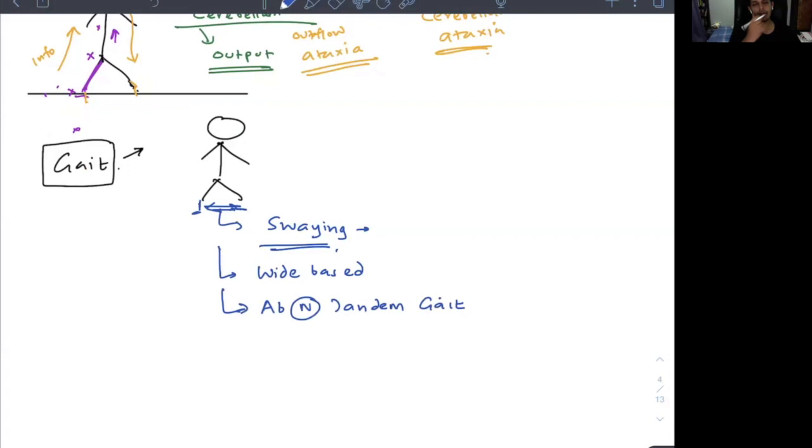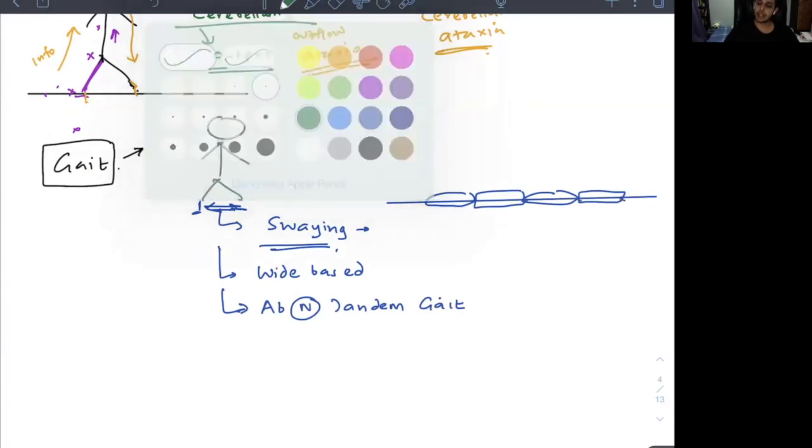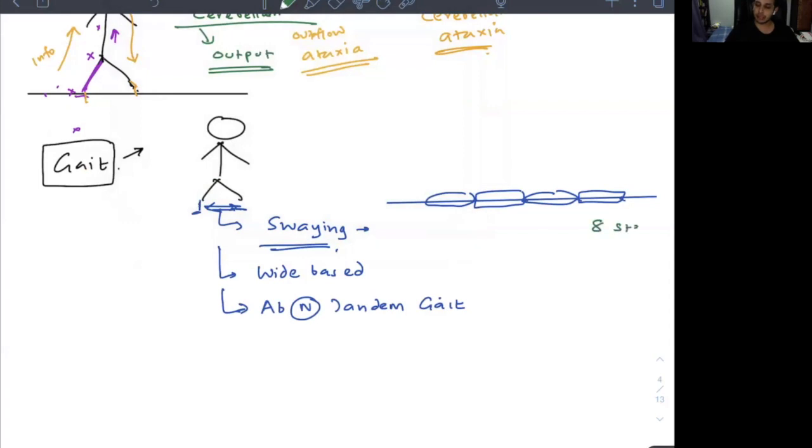So tandem gait is essentially when you are walking by keeping one foot directly in contact with the next. Okay, and you're supposed to walk in a straight line, and you're supposed to keep each foot in contact with the next. And usually by the time you walk around 8 steps, if 2 or more come out of this line, then that means it is an abnormal test.